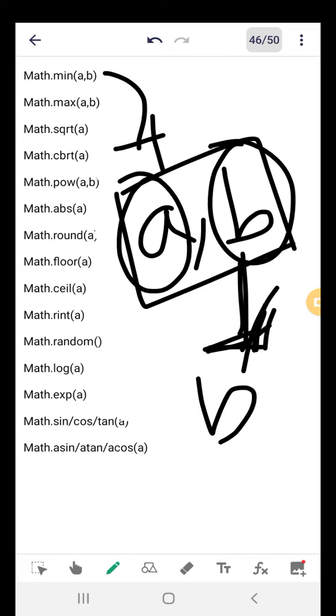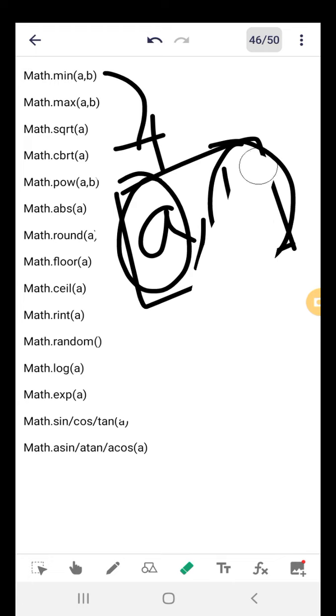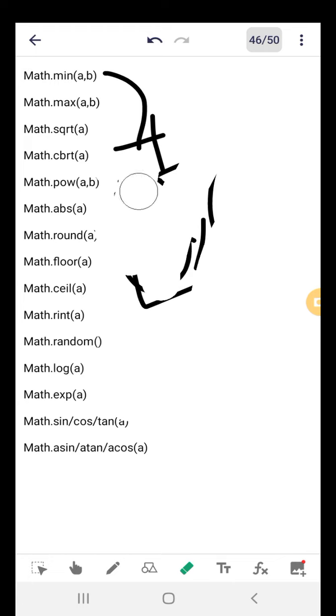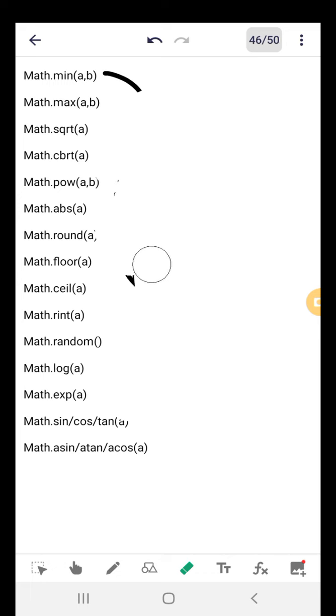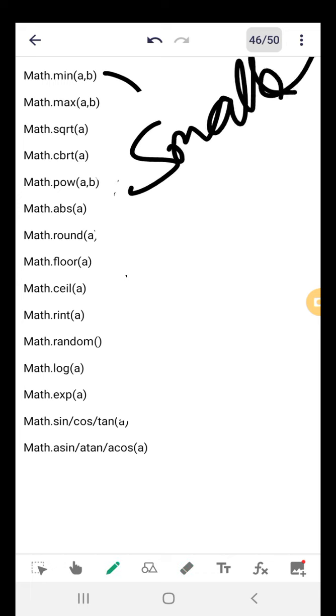Maybe b is the smaller, so it will return b as b.0. It will return everything in double, so .0 if it is an integer. So it will return the smallest number.